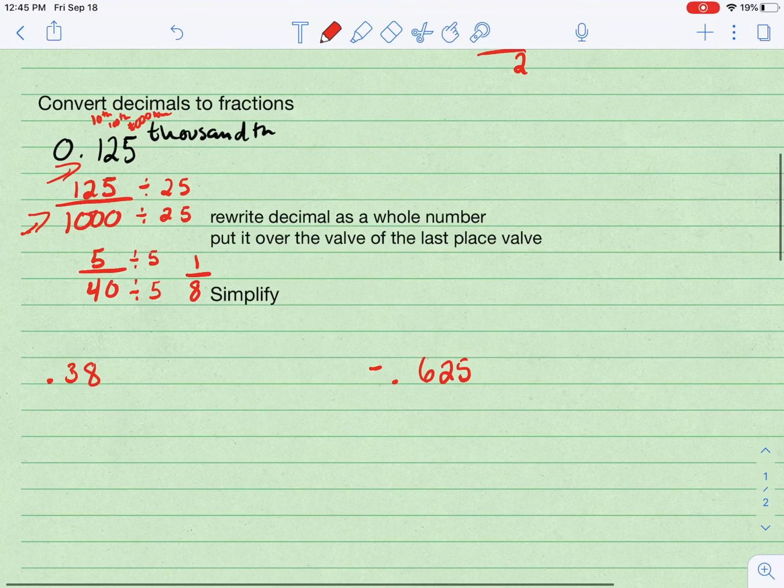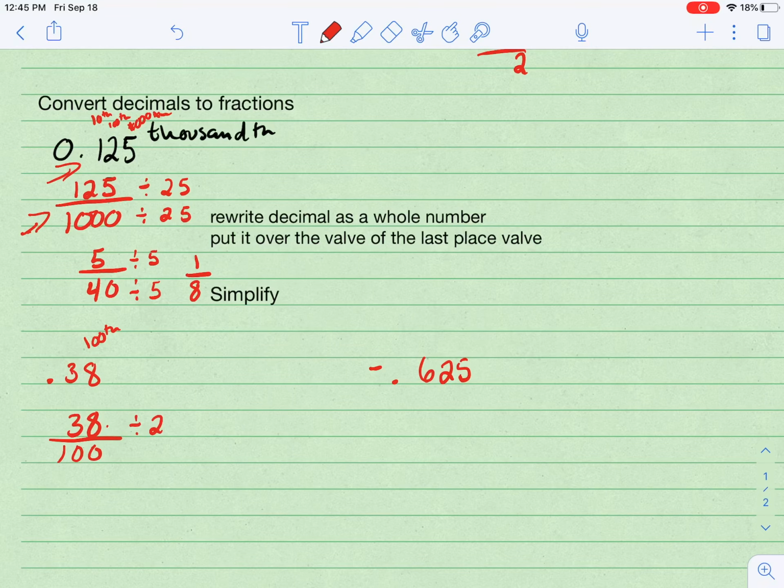All right, so 2 more examples. So same thing. We're going to write this as a whole number, so 38. We are out here in the hundredths place. Not hundredth, but hundredths. So we're going to put this over 100. Okay, and now this is not in simplest form because I know that 38 and 100 are both even numbers, meaning that they can be divided by 2.